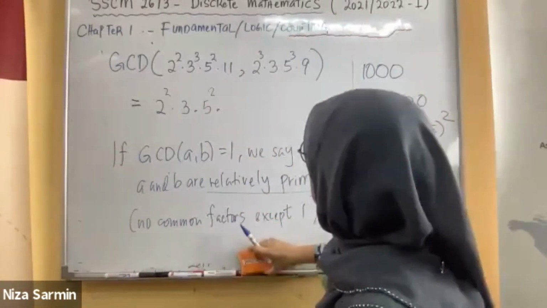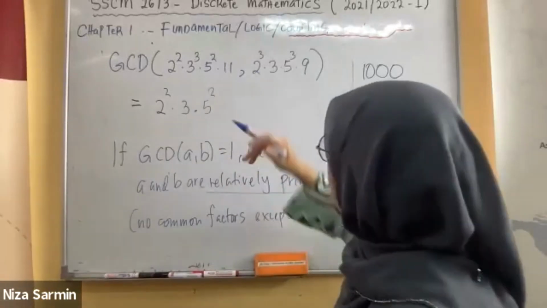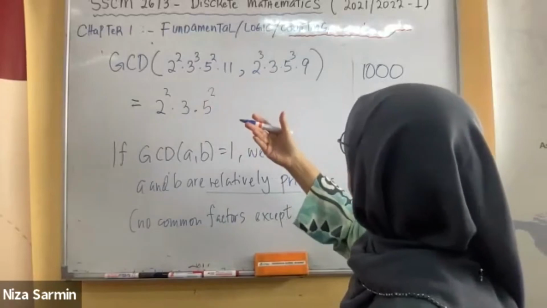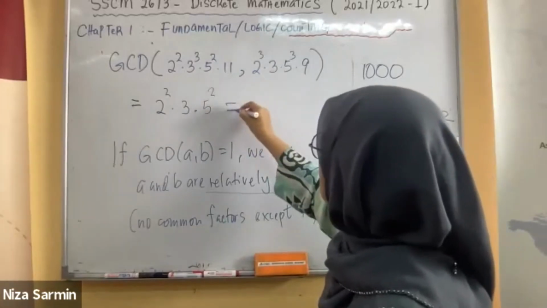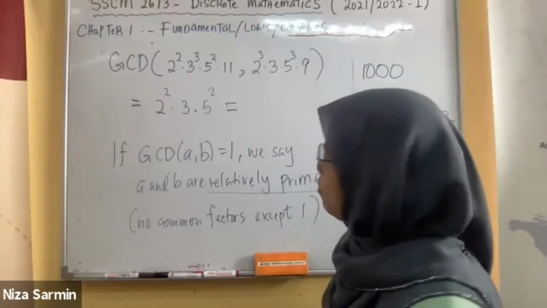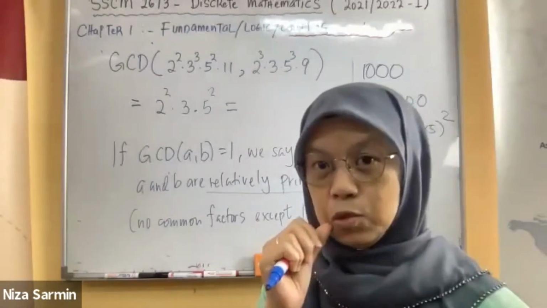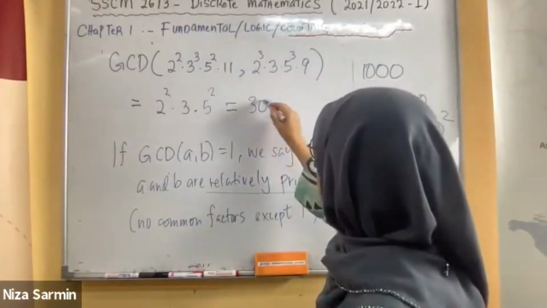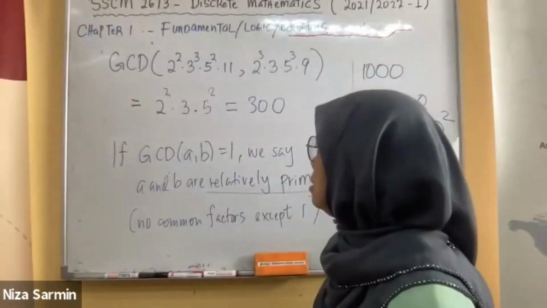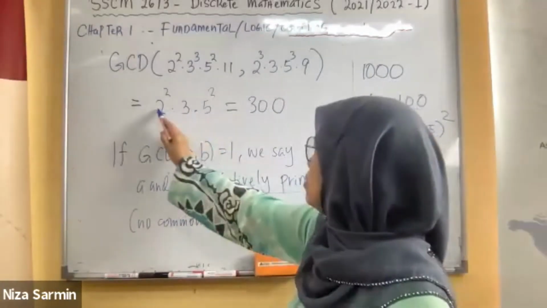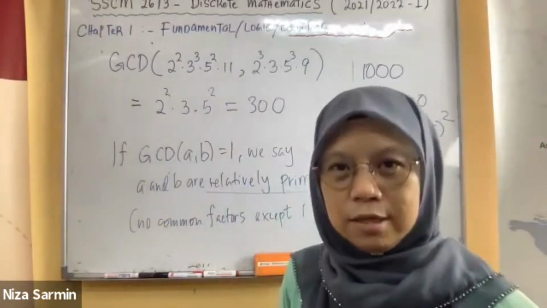So the smaller power: 2 squared, 3, 5 squared, which is equal to 12 times 25. Right? Because 25 times 4 is 100, times 3 is 300.